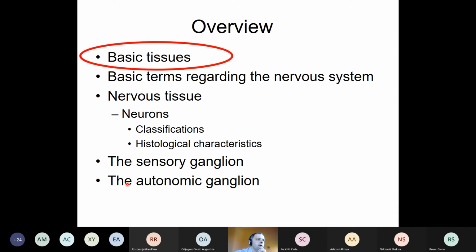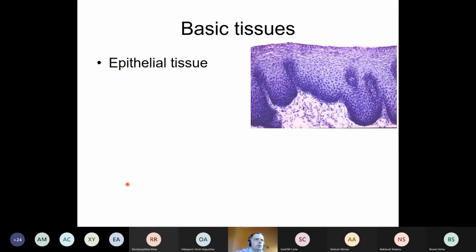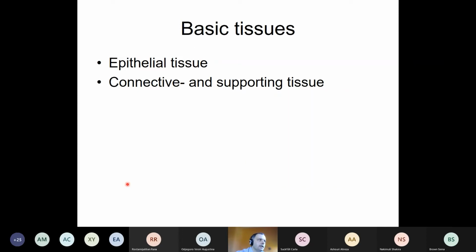Let's start with the recap of the basic tissues that you know. Where does this topic belong? So epithelial tissues you are already familiar with. You studied those in the first 5 weeks in the practices, surface epithelia, glandular epithelia, and so on. Connective and supporting tissues you have studied also, with the collagen fibers, with the fibroblasts, with the cells, and so on.